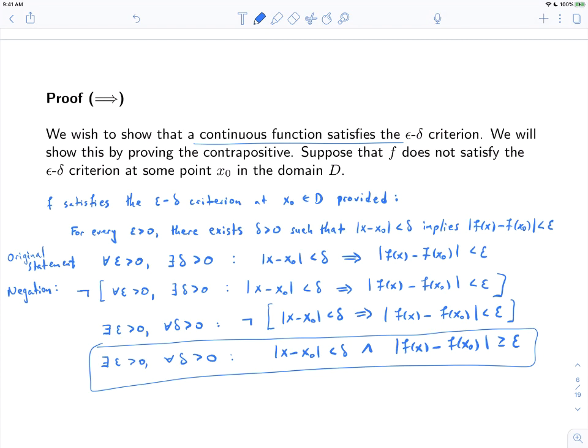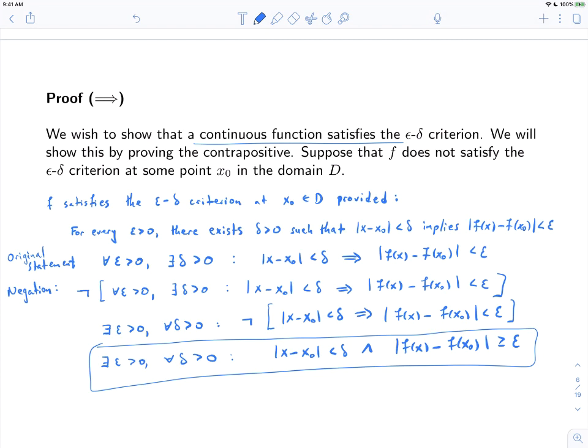The claim here is that it's not true that the inputs being within delta of one another implies that the outputs are within epsilon of one another. If that's not true, then there must be some input x such that |x minus x naught| is less than delta, but also the outputs are not less than epsilon apart, so they're greater than or equal to epsilon. There must be some x such that this is true.